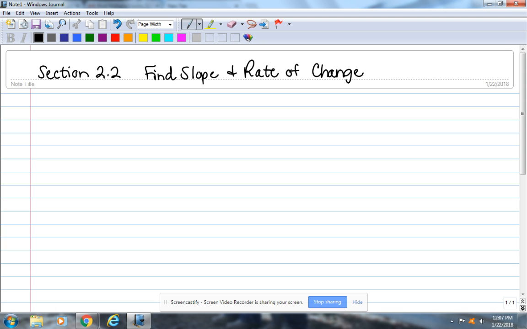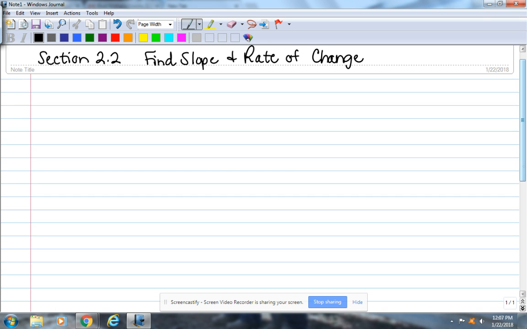So if we're finding the slope of a line, whether it's graphed or we know the coordinates, then if we know the coordinates, we're going to use the slope formula, which is m, which represents slope, equals y2 minus y1 over x2 minus x1.